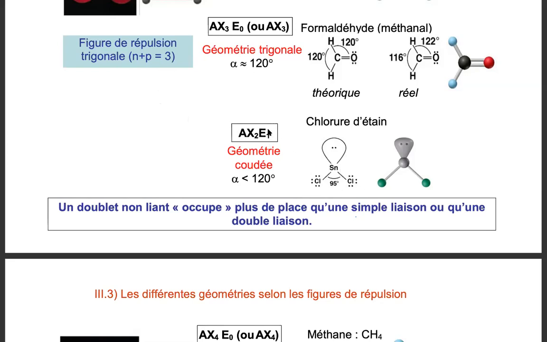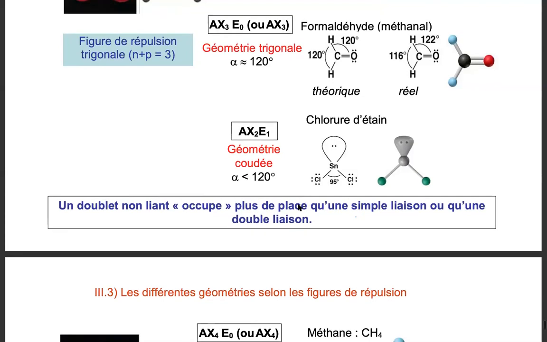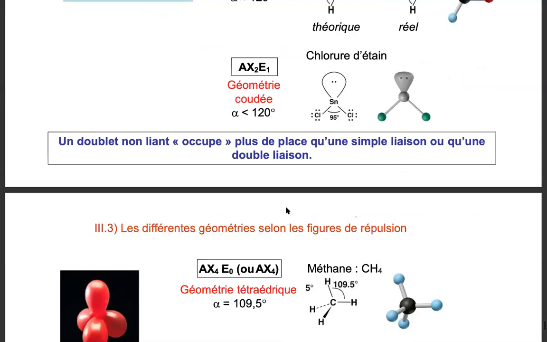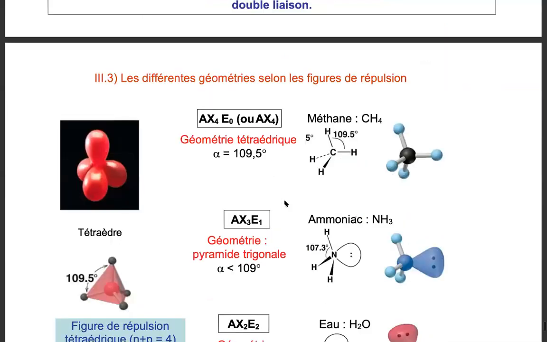Then we have 1 pair of electrons that are not involved in any liaison. And the angle is less than 120 degrees. These structures you are supposed to know them, because a question might come and say, you have been given a molecule of so and so. What type of geometry is it going to form?